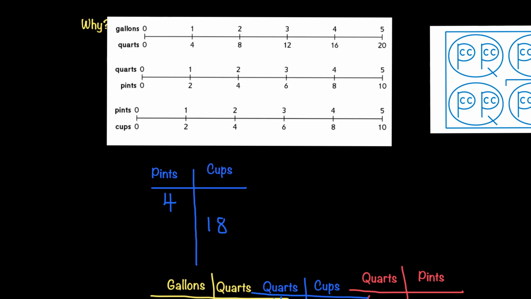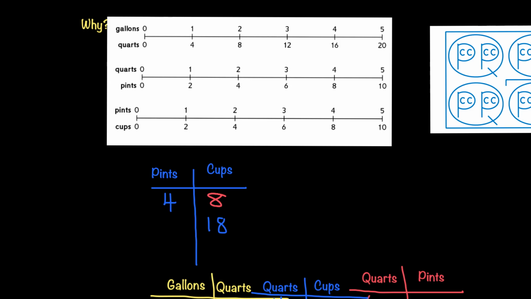with pints and cups. So if I have 4 pints, how many cups is that going to be? I'm going to find 4 pints right here on my scale. And down below that, you can see that I have 8 cups. That was easy. But now look at your next part. We've got 18 cups.